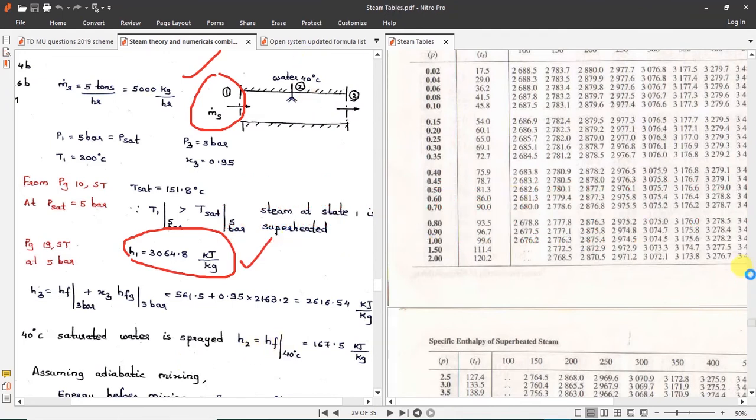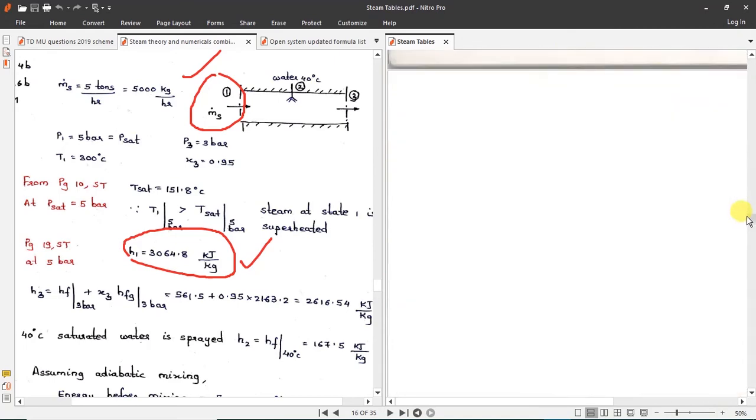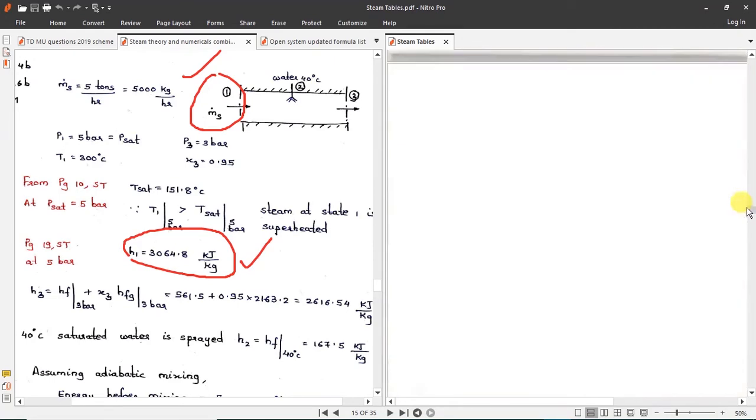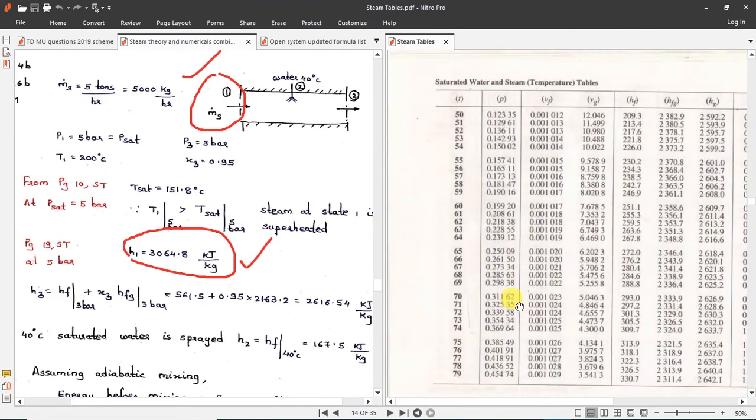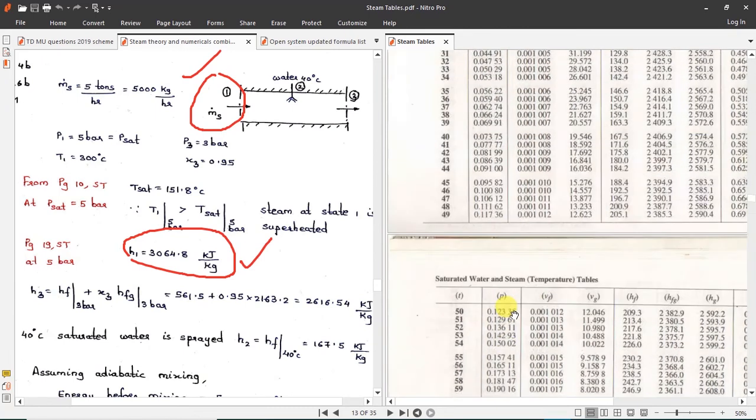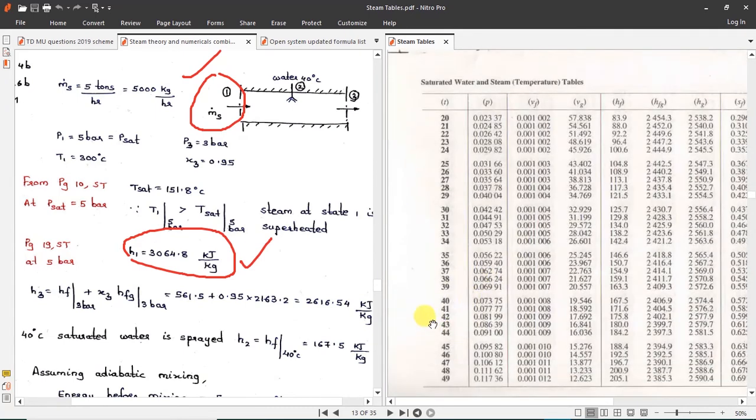Temperature table. Till now we were using the pressure table. So see the 40 degrees Celsius saturated temperature table. What is HF? 167.5. So this is 167.5.